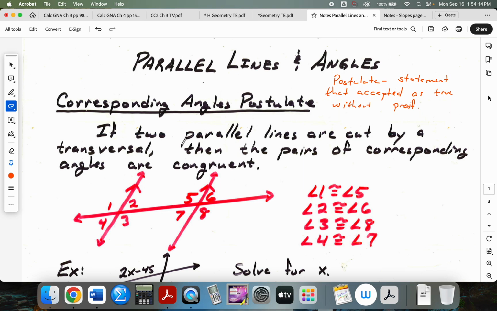For example, we've done some of those before, the angle addition postulate, the segment addition postulate. They just make sense. You look at it and you go, well, of course that's the way it works.